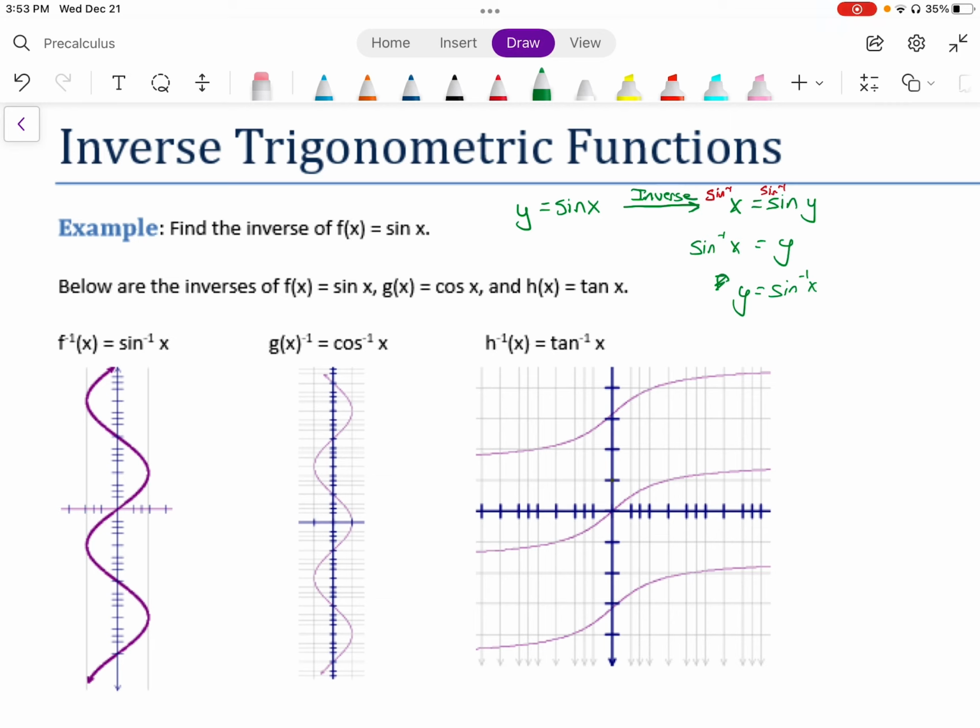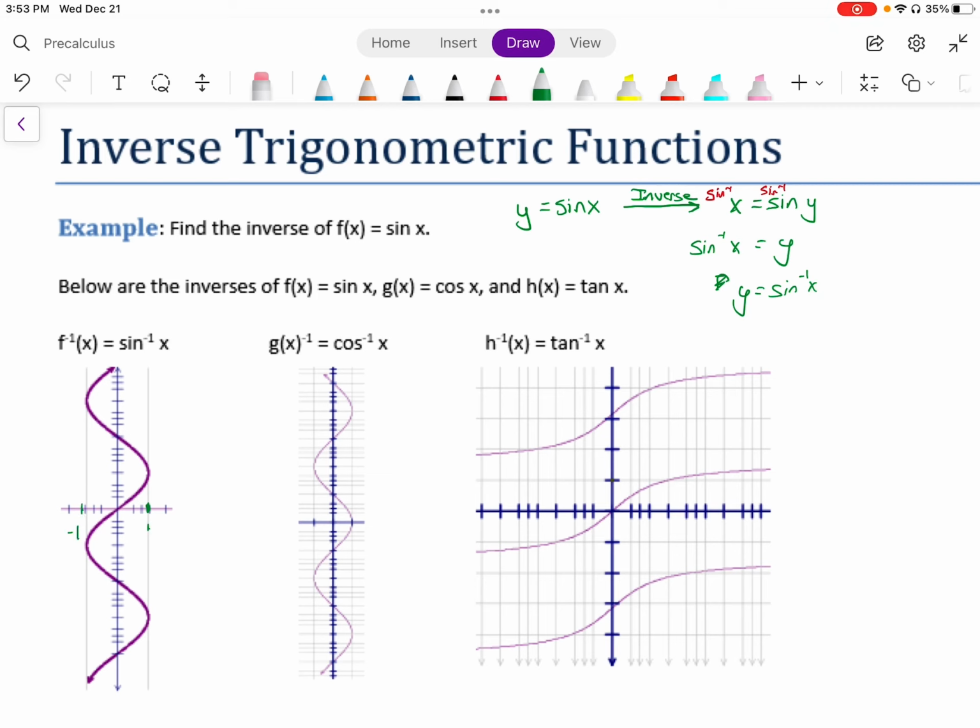So below, we have the inverse of sine of x, inverse of cosine of x, and inverse of tangent of x. That's the reflection over the y equals x line. And what we have now is this is our value of 1, and this is -1.